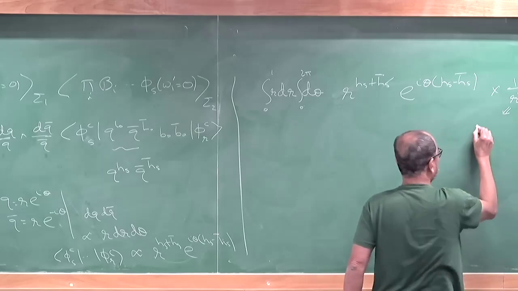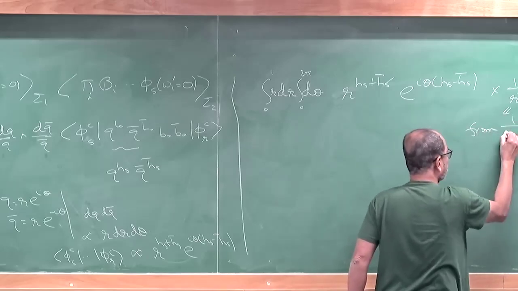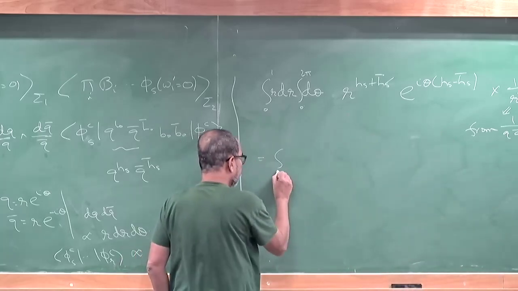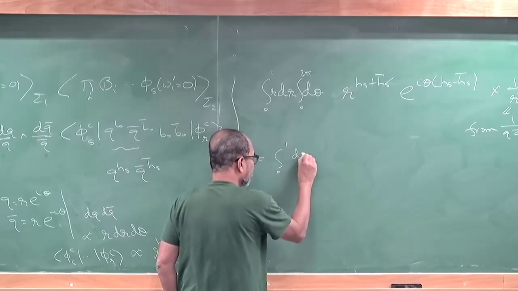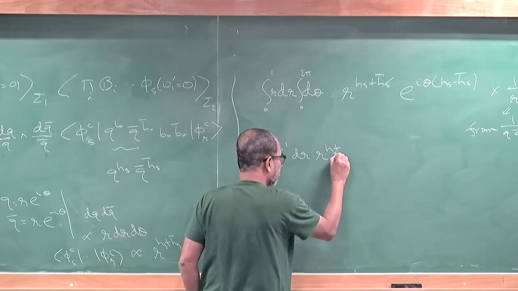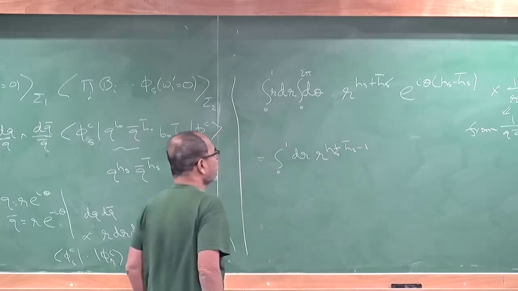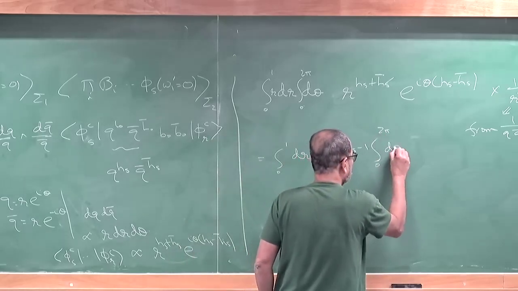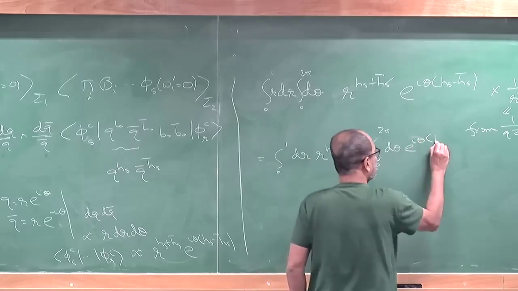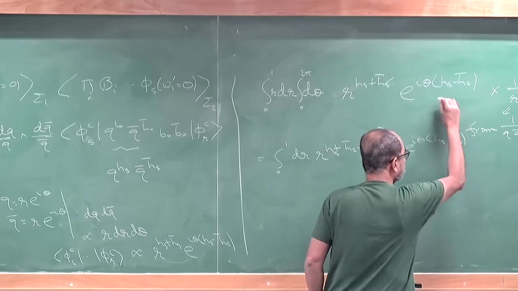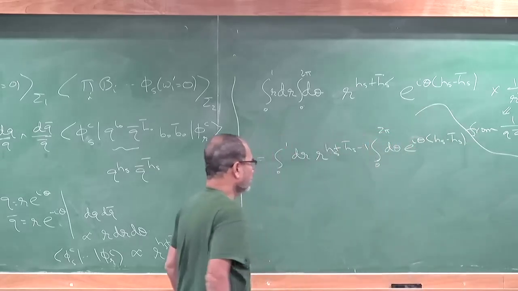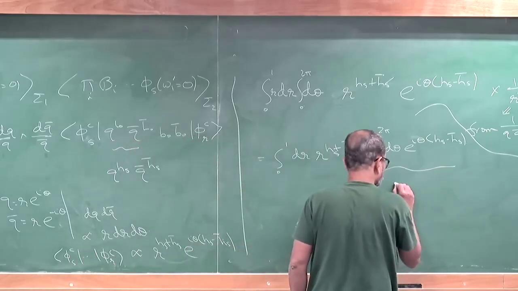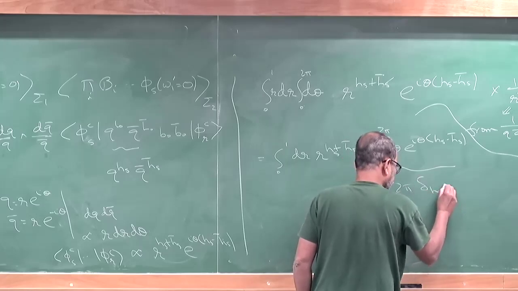This is from q bar. Okay? So the net result is the integral 0 to 1 dr r to the power h plus HS plus HS bar minus 1, and the integral 0 to 2 pi d theta e to the I theta HS minus HS bar. So the theta integral basically gives 2 pi delta HS, HS bar. Okay?